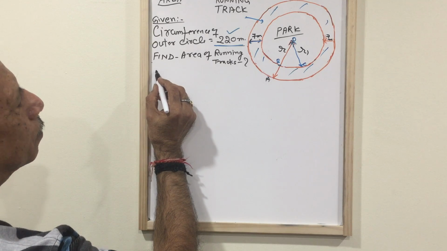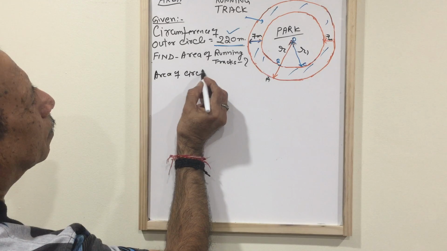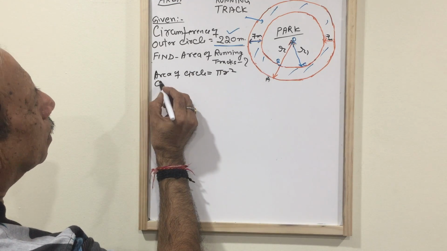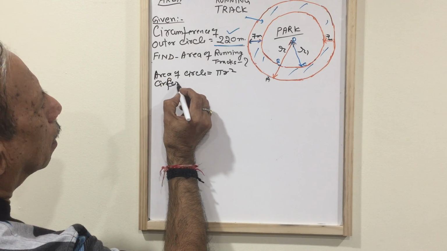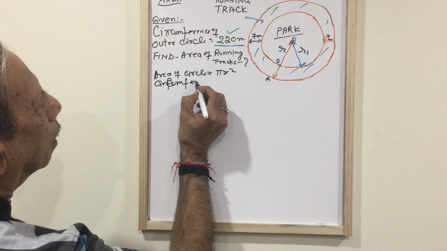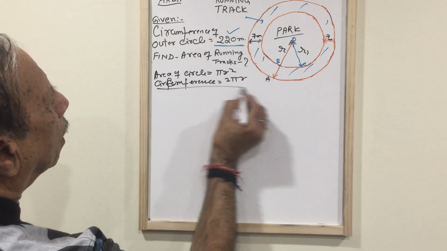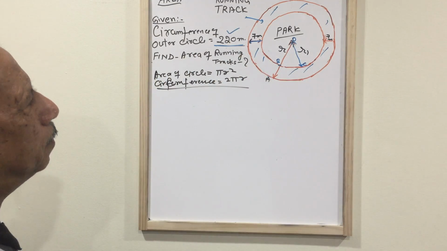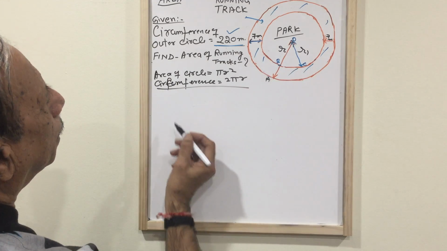So we know the area of a circle is pi r square and the circumference is equal to 2 pi r. We had been given the circumference of the outer circle, whose radius is r.